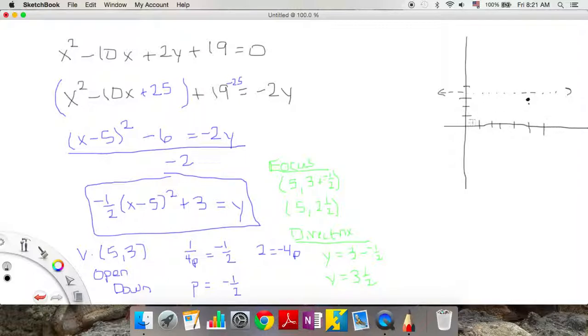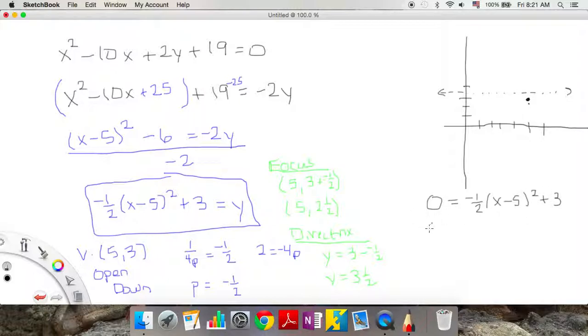The other thing we said was finding their zeros helped us a lot, because that way we could figure out where it crosses the axis. So remember, that's when y equals 0. So 0 equals -1/2 times x minus 5 squared plus 3.